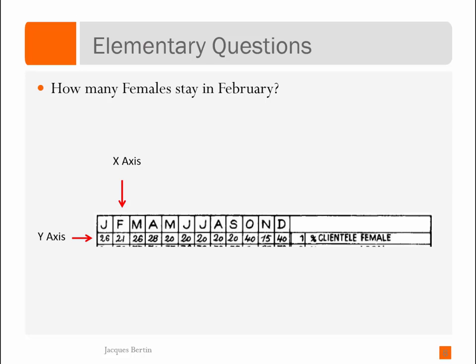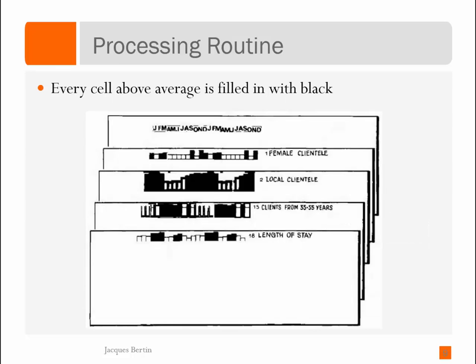At this point, Bertin takes us to a processing routine. A processing routine we might think of as a modern algorithm, some type of treatment or manipulation that we would provide to our data measurements to help us understand our larger questions, so our intermediate or overall questions.